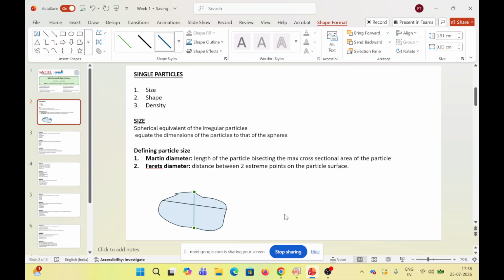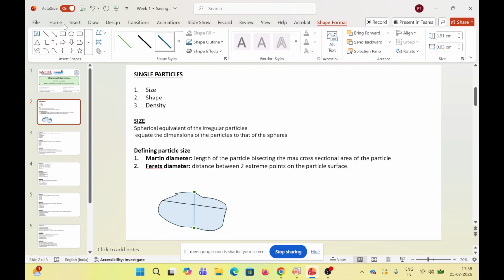Next we come to circular equivalent diameter. There are multiple different diameters, so we need to look at each one of them.